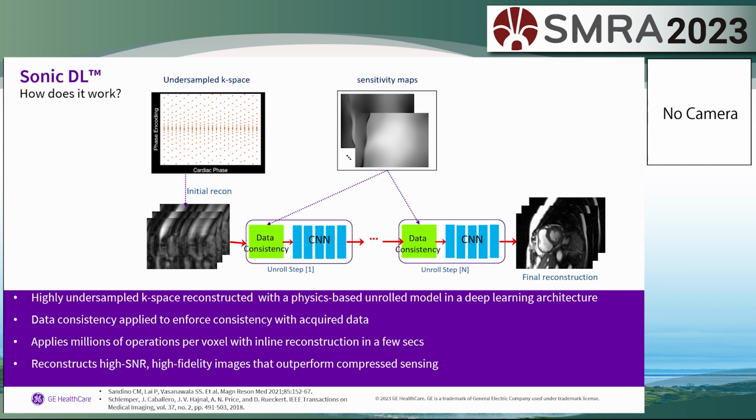Our Sonic DL is applied to the highly undersampled data in the k-t domain. We use the coil sensitivity map to retain the data consistency, and our Sonic DL deep learning network synthesizes undersampled k-t data to make the final good cine images.